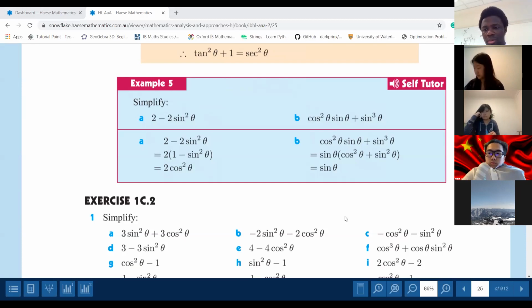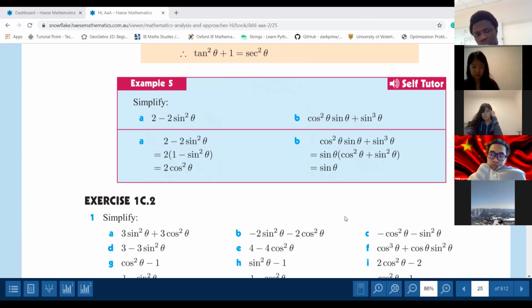When we defined the sine and cosine ratios using the unit circle, we used a right-angled triangle with hypotenuse length 1. Using Pythagoras' theorem, we obtained a relationship between the squares of cosine theta and sine theta. This relationship is true for all angles theta, and we call it the Pythagorean identity. There are many rearrangements of the Pythagorean identity, which we can look to use with trigonometric expressions.